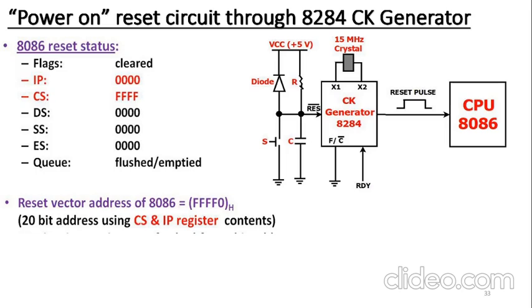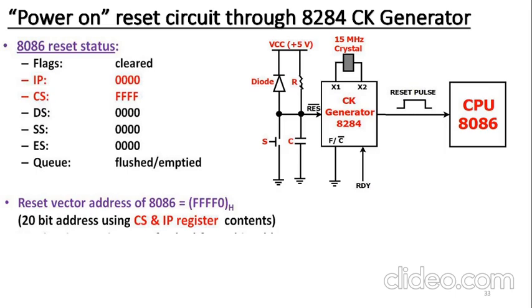Now in that power on reset circuit, what is the use of that diode? This diode will come into picture only when you turn off your system. When the system is turned off, the top side VCC will now become 0.